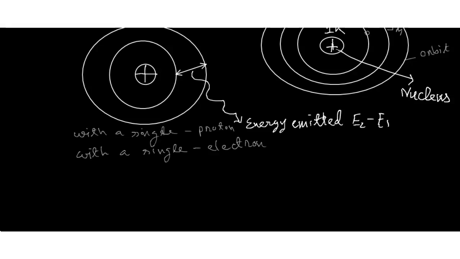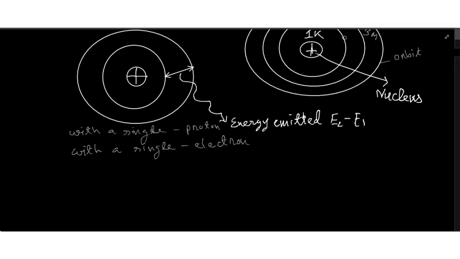As such, the hydrogen atom is used as the starting point to understand more complex quantum systems, for example other atoms. In this video, we are going to introduce the hydrogen atom, and we are also going to set up the Hamiltonian.